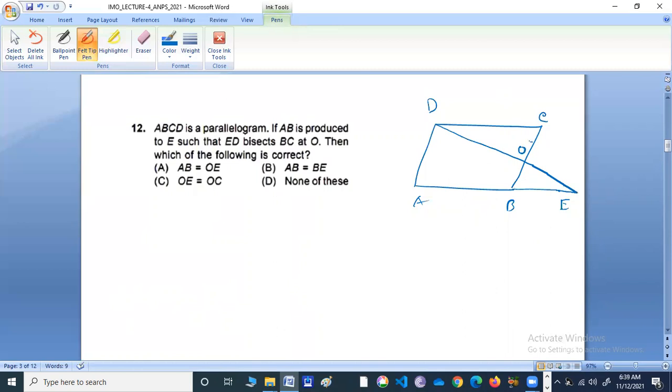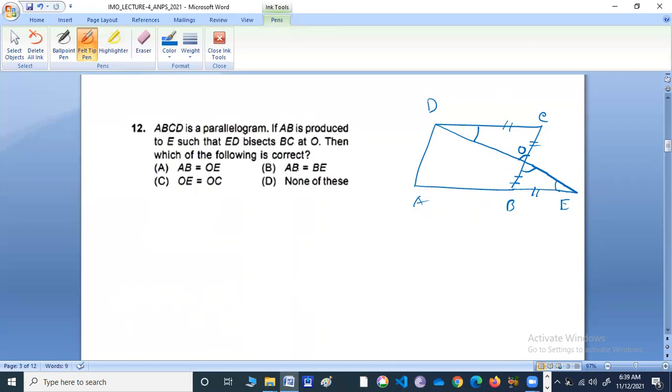So bisect means this is equal to this. Next one is vertically opposite angle. This is equal to this. Alternate interior angle because this is parallel. So these are congruent. Since this is congruent, DC will be equal to BE. Is it the option?